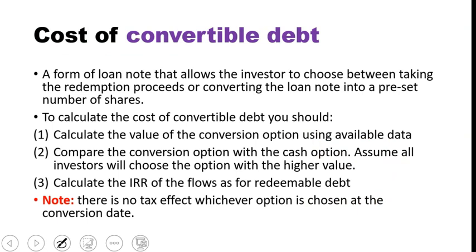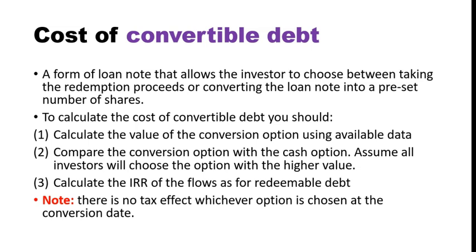Now let's talk of this special debt, the convertible debt. We say that this is a debt that can be converted into equity in the near future. So there are some steps you need to follow to calculate the cost of convertible debt.